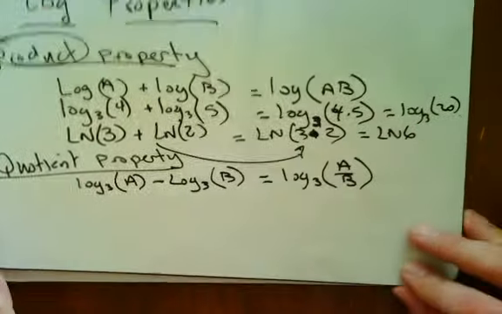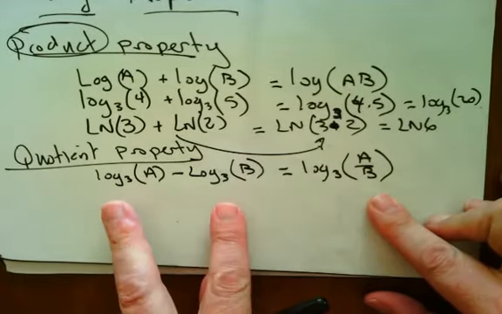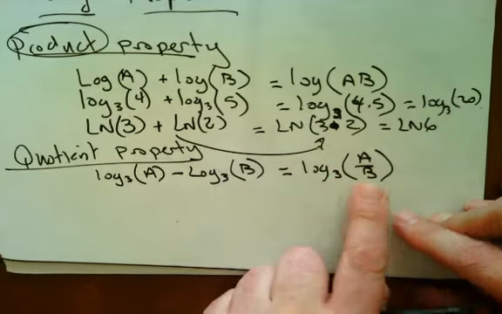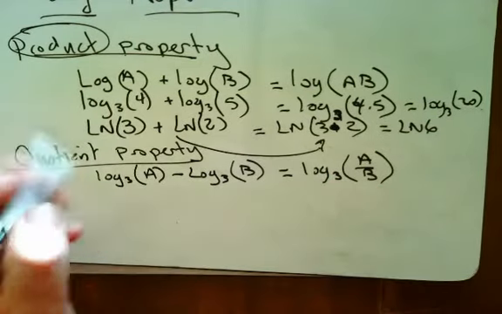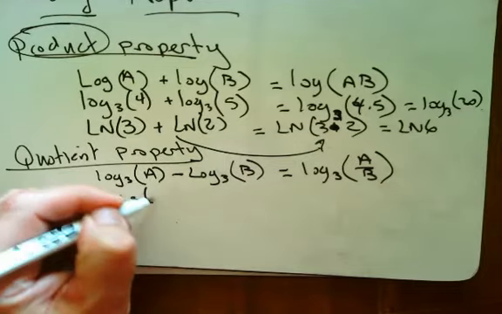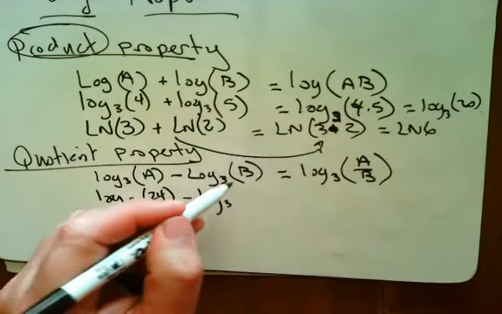And in this case, I can rewrite this as one log, log base 3 of a over b. It's a quotient property, not a product property. So I'm going to be dividing. This is about getting 2 logs joined with subtraction to become one log where I see some division.